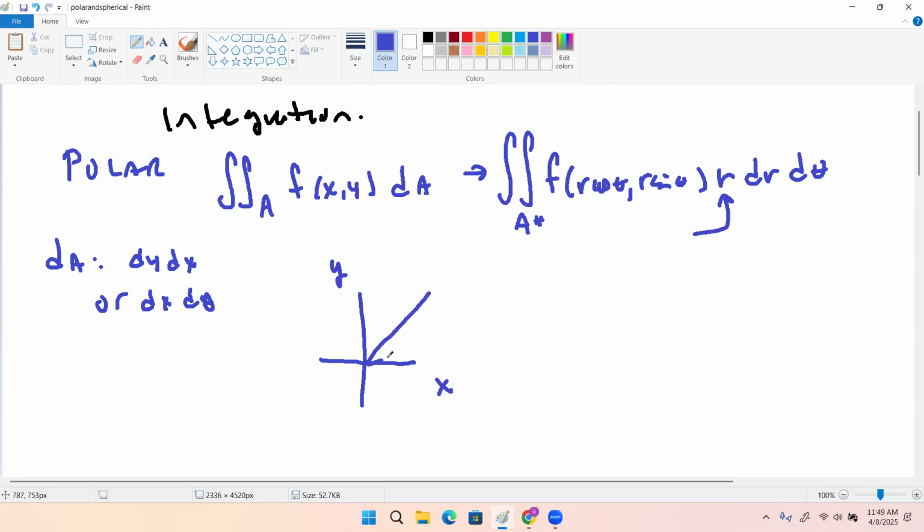and let's say we just took these lines of constant theta. And here, this is a dr, and this is a d theta. Then, well, this is not a great drawing. If we took the same dr and the same d theta, there's a lot more area here.